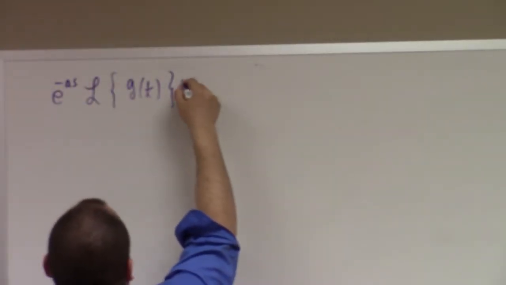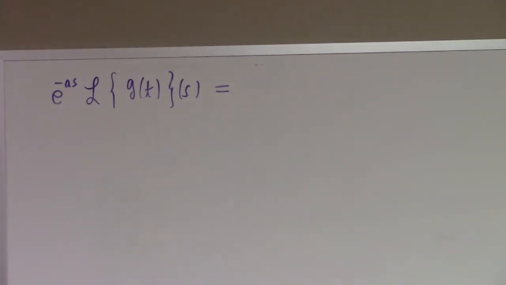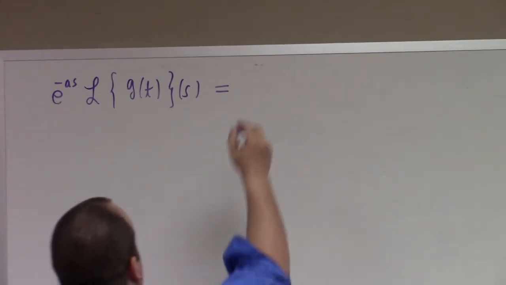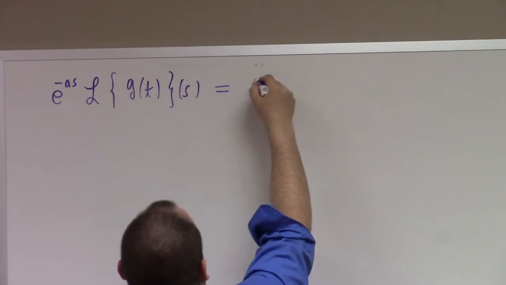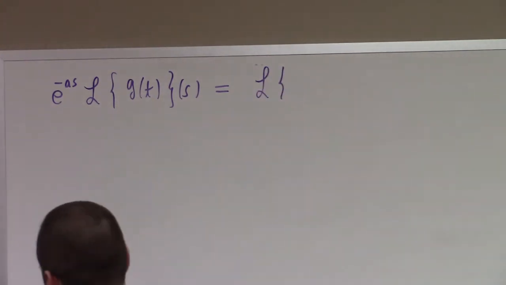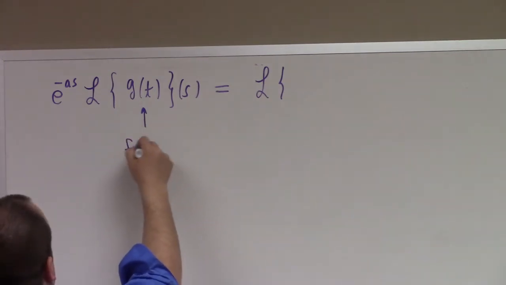What would that be equal to, using the theorem we just proved with a substitution? Let me just write it out. We're thinking of that as being the f of t plus a, right?